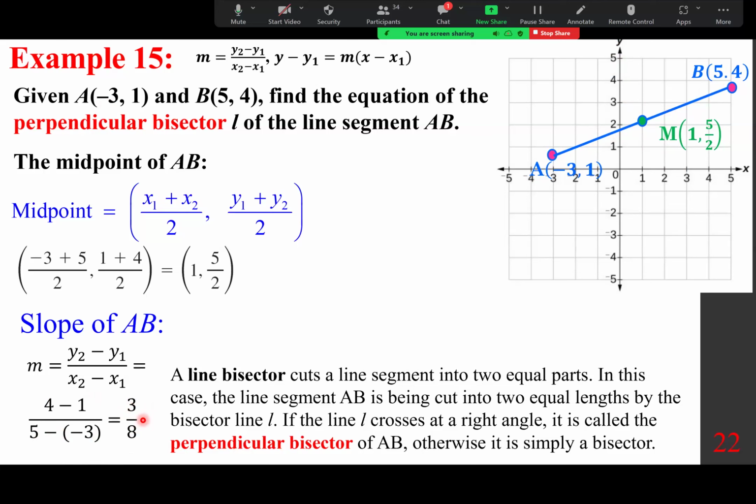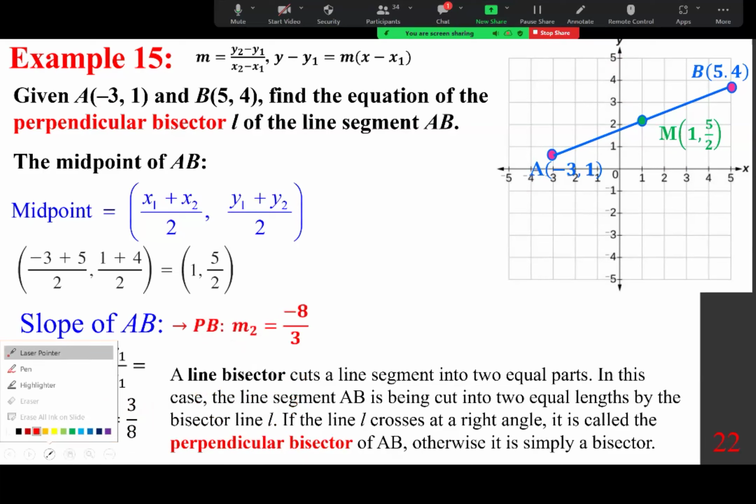So for the bisector, I'm going to call it, perhaps, the line L. How about that? That may be even better.